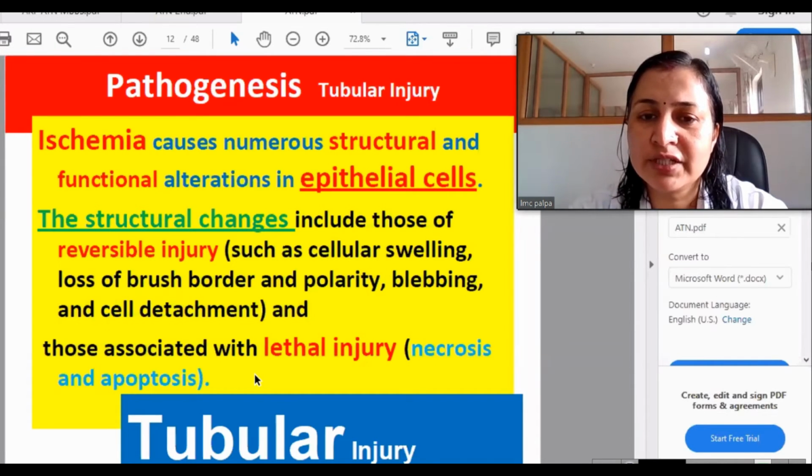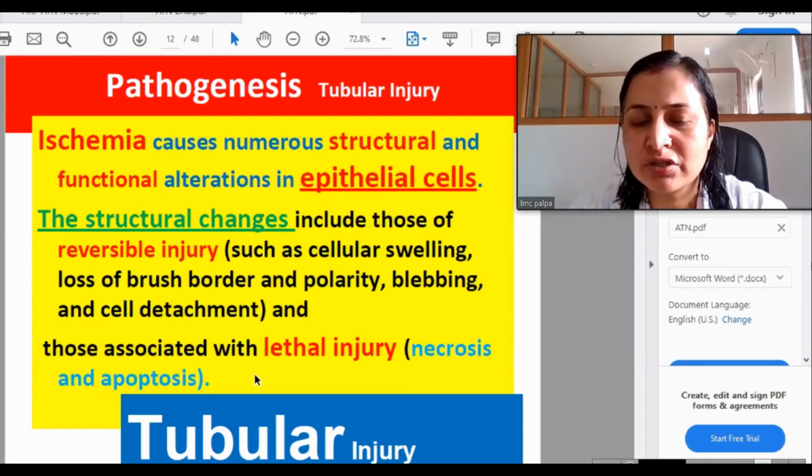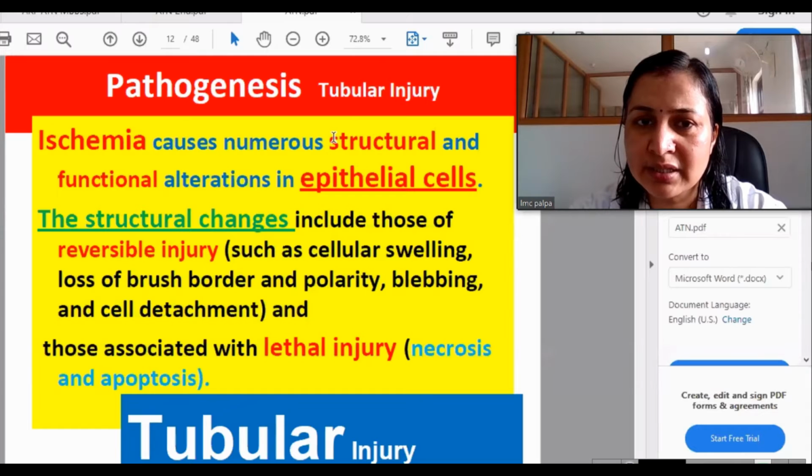Initially there will be cellular swelling, loss of brush border, loss of polarity, blebbing, and cell detachment. If at this time the cause is withdrawn, then probably the kidney can be saved. If it goes further and there is lethal injury, after reversible injury there is irreversible injury, then there will be necrosis and apoptosis. So the tubular injury will be significant.